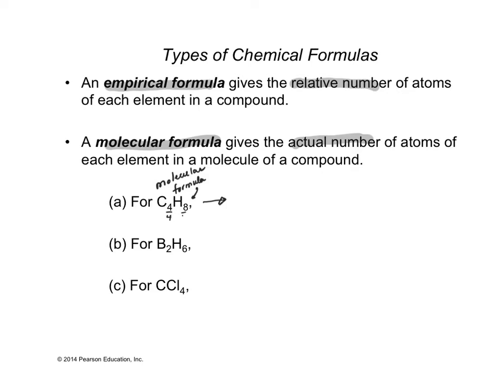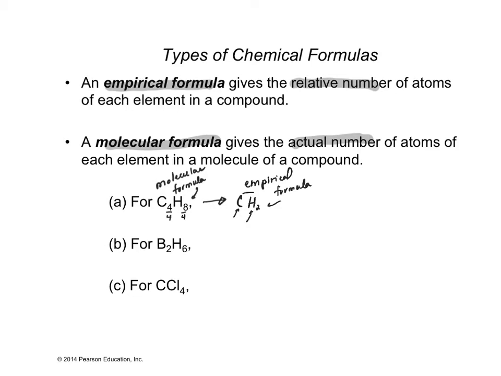So this is CH₂. This is the empirical formula. This gives us the relative numbers of things, right? What this tells us is that in this compound, there is 1 carbon for every 2 hydrogens, okay?